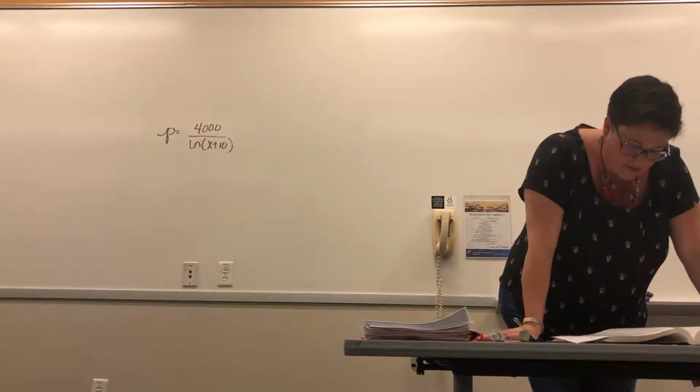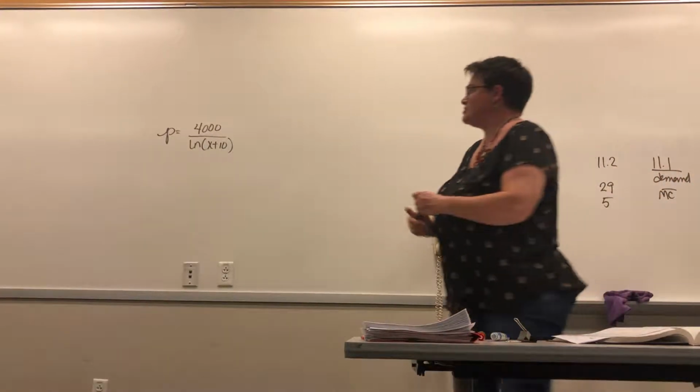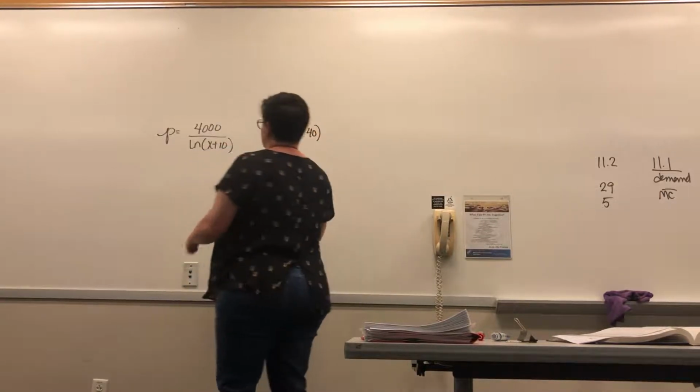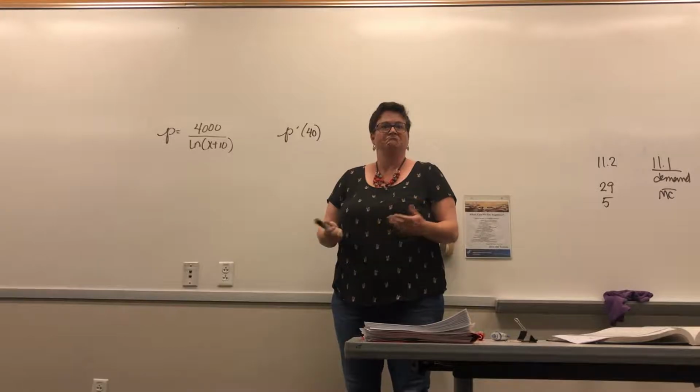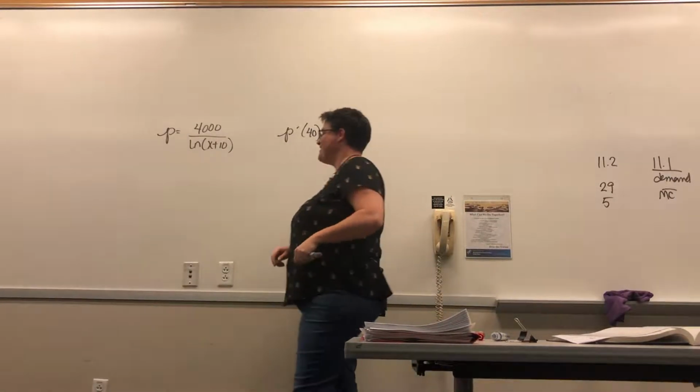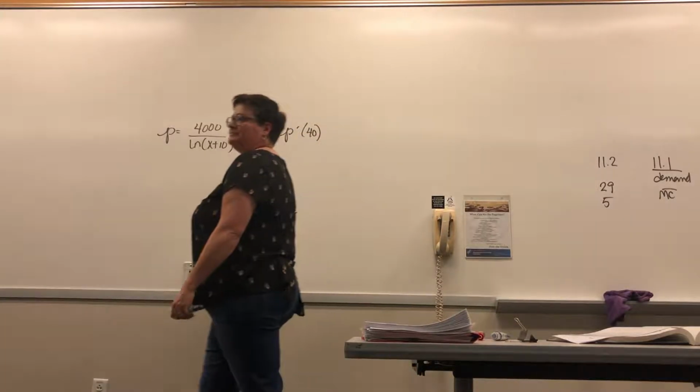Find the rate of change of price with respect to number of units sold when 40 units are sold. Guess what, guys? It wants us to find P prime of 40. Not so bad.